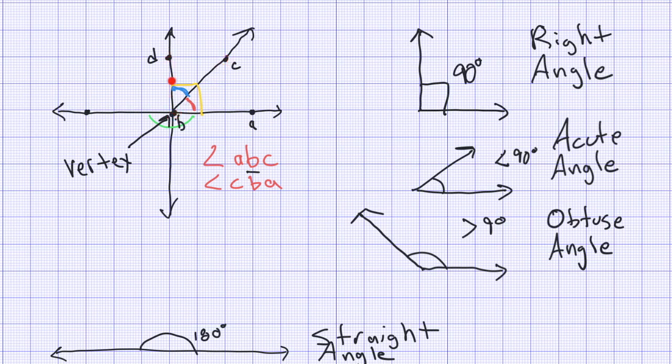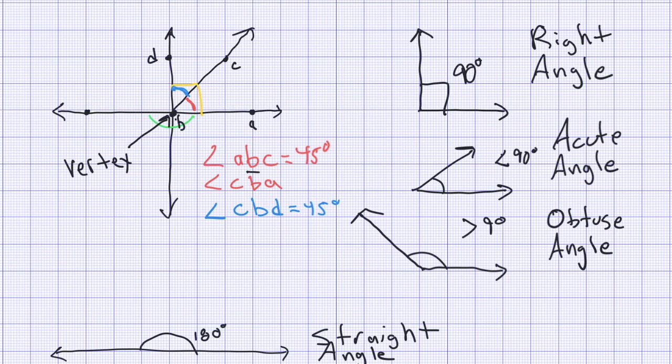Either one is fine, but I'm going to say CBD. So that is angle CBD. Now let's say that angle ABC is 45 degrees and angle CBD is 45 degrees.